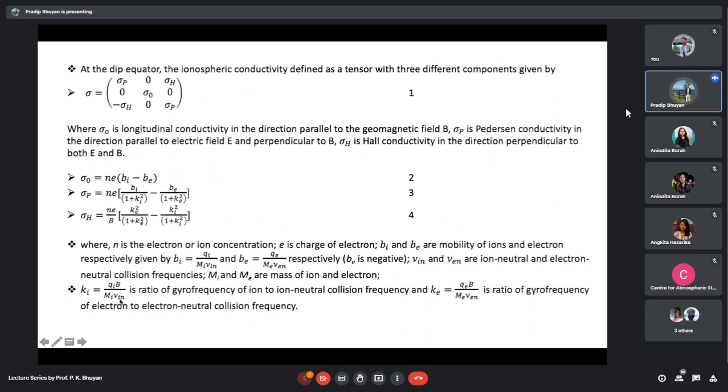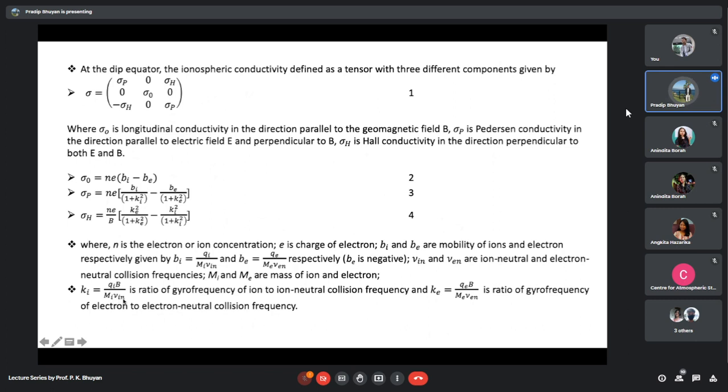You may write these terms with subscripts. These are also available in books. I am taking this mostly from Kelley's book. Ki is Qi B by Mi nu in. Nu is your collision frequency.